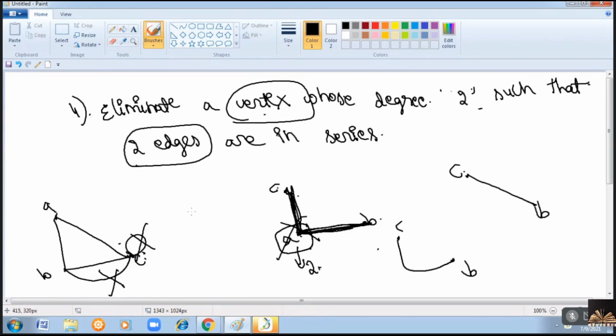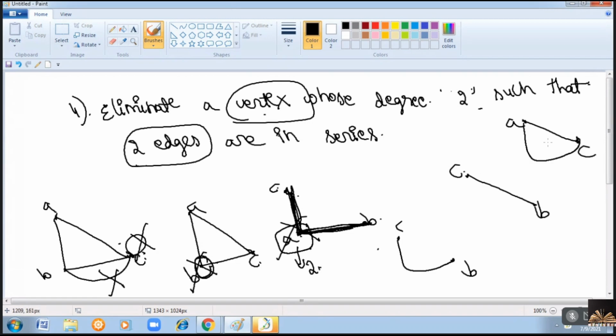After performing the second step and third step, you got a graph like this. Now, next step is you eliminate a vertex whose degree is 2 such that the 2 edges are in series. So here, this vertex B is having a degree 2. Therefore, you can eliminate this. After eliminating this, you will get a graph like this.